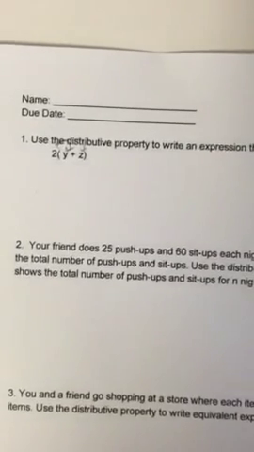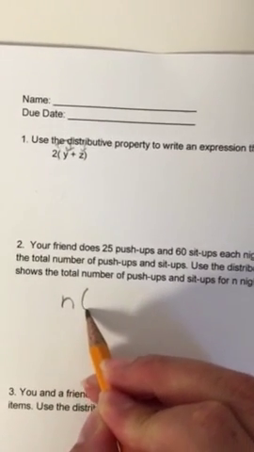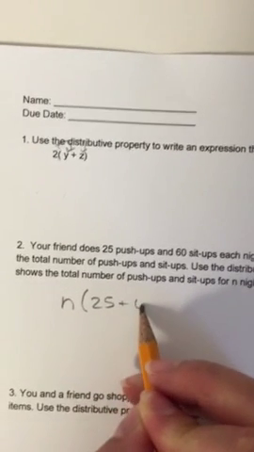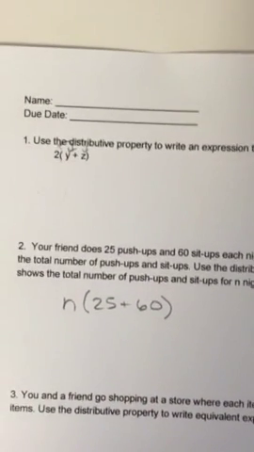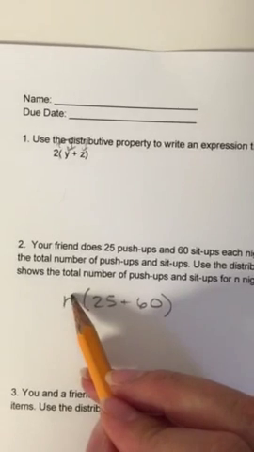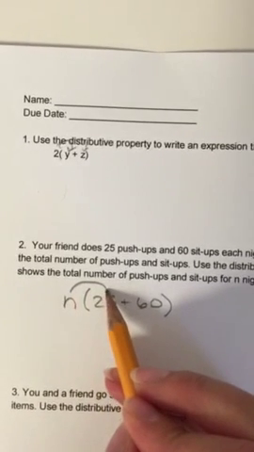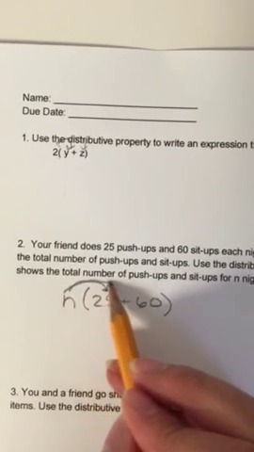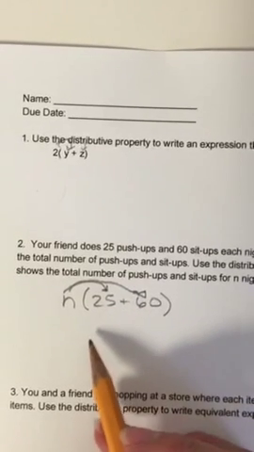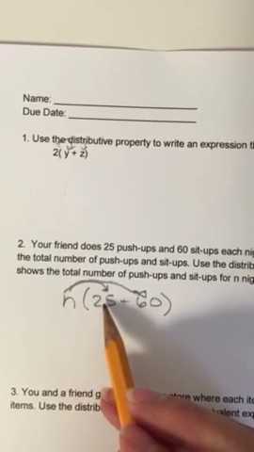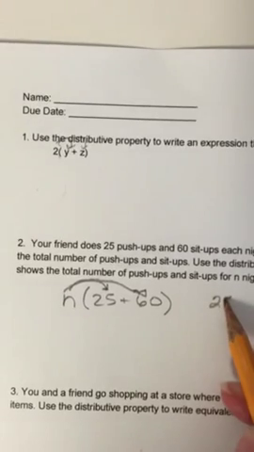Okay, so they give us that expression n times the quantity 25 plus 60. To make an equivalent expression, we have to take that variable n and multiply it times everything inside the parentheses. So first, I'm going to do n times 25, which is 25n.